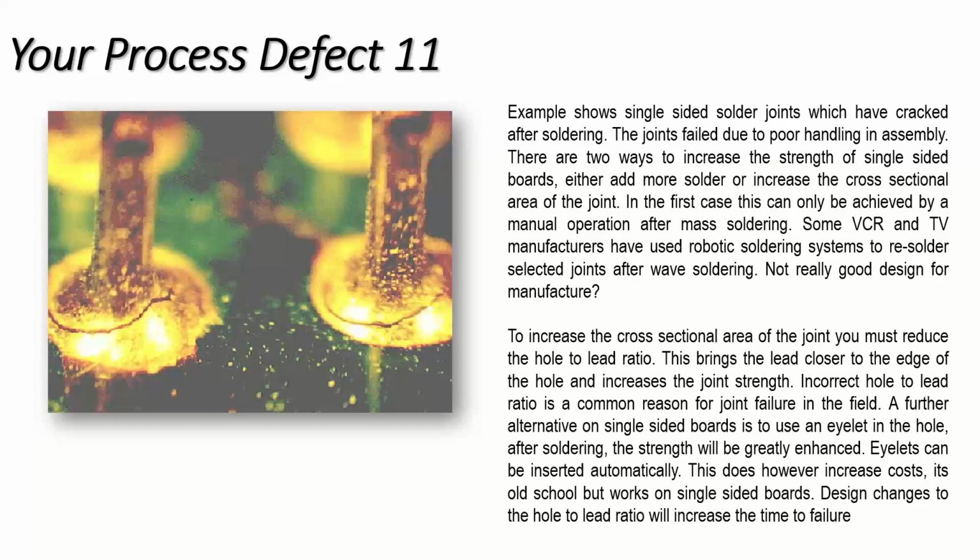Now, if you go to a plated through hole board as opposed to a single-sided, there is obviously quite a significant jump in the price of that board. But equally, what you could look at is using eyelets and griplets. Now, this is very old technology, but it works.